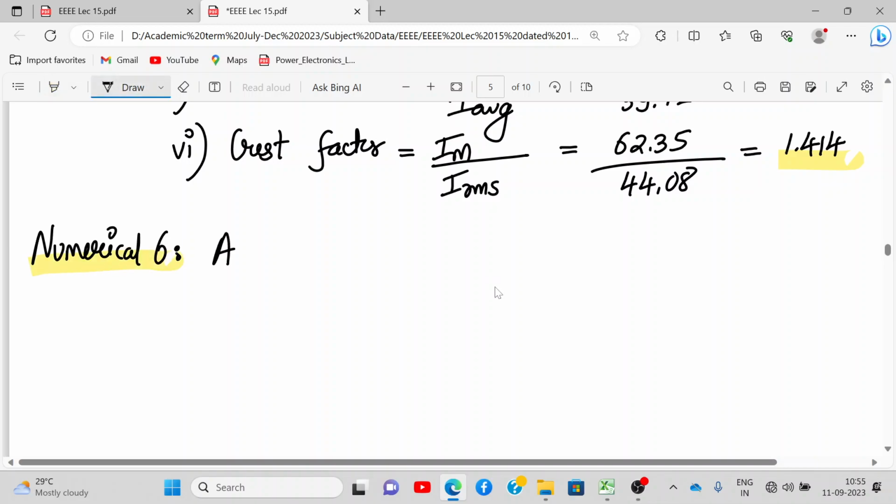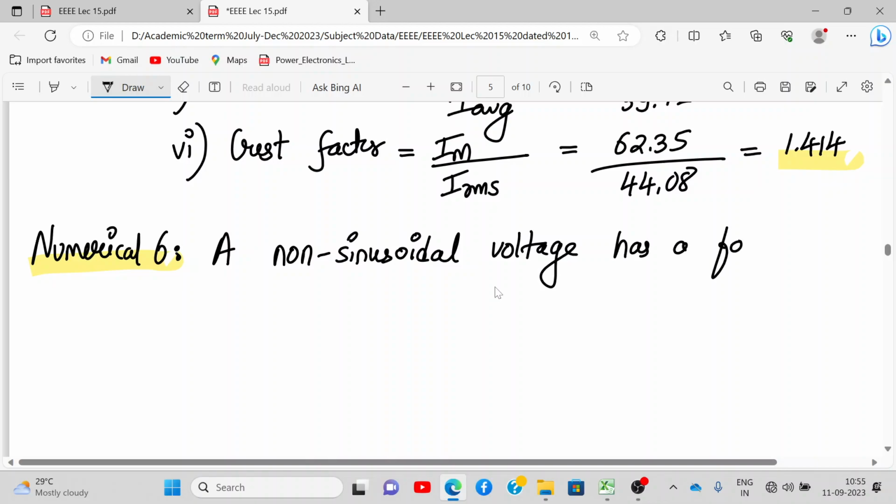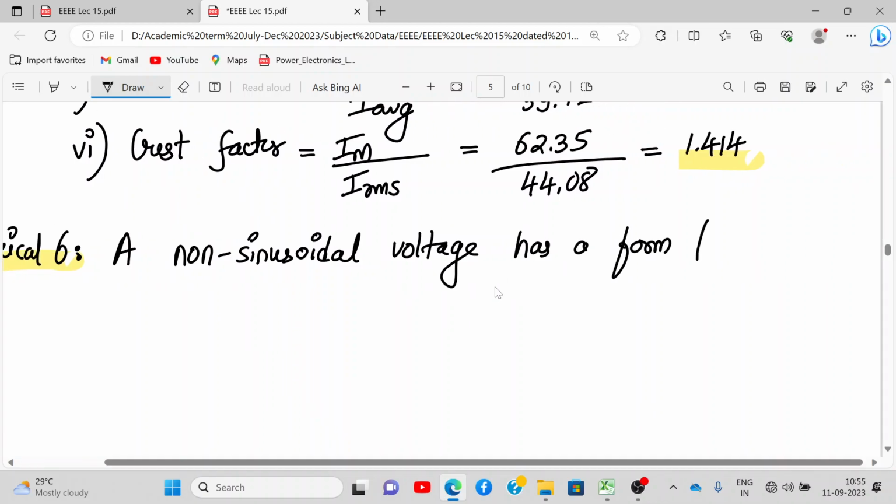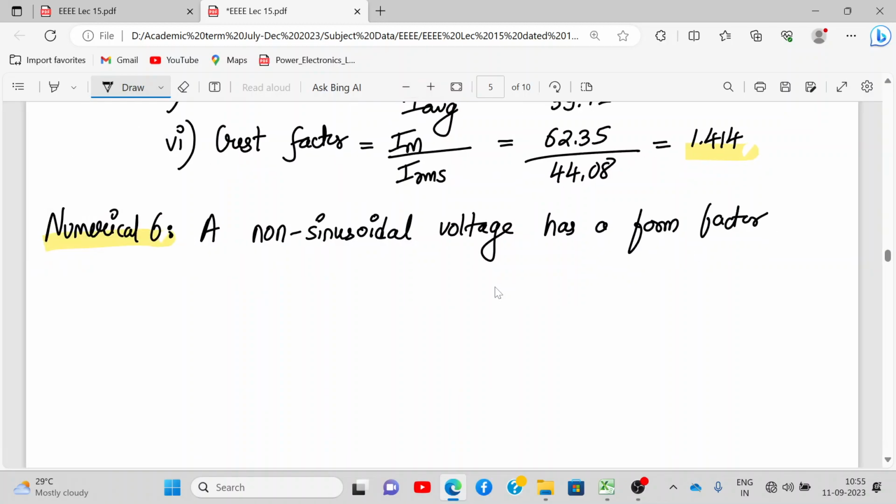A non-sinusoidal voltage has a form factor of 1.2 and crest factor of 1.5.